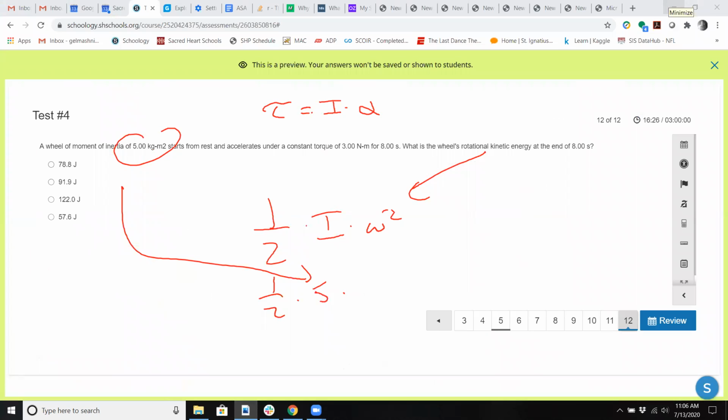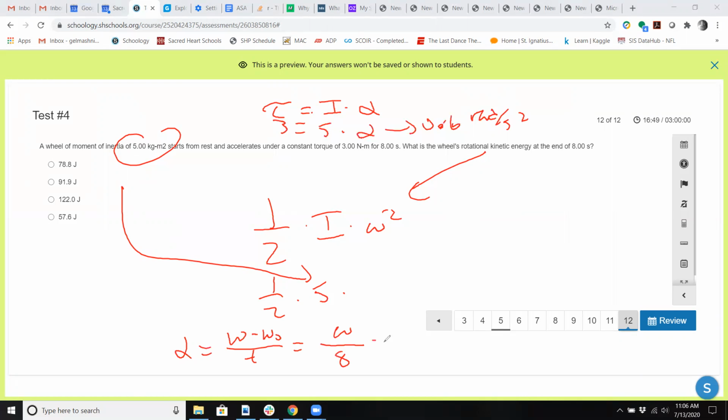So your torque is 3, and of course your inertia is 5. So your alpha is 0.6, and that's rads per second squared. Now alpha is a difference in omega over time, and you're starting from rest. Your initial omega is 0, so omega over 8 seconds, and again your acceleration was 0.6. So your omega is going to be 4.8. That's the final omega. And that's what we want.